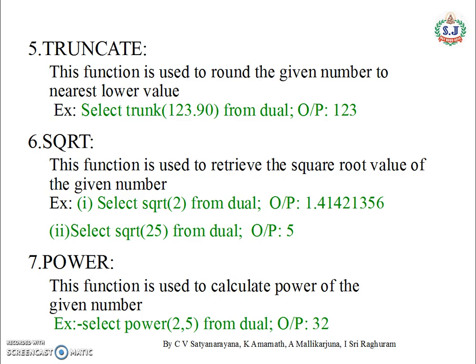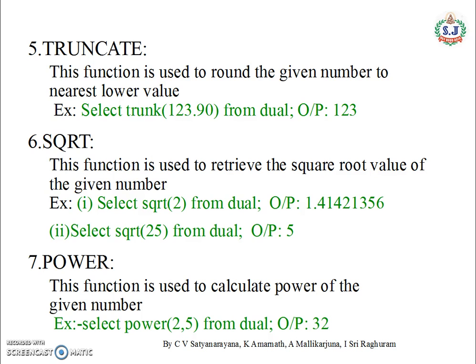So the seventh function is power function. The power function is nothing but a function which returns the power of a particular number. As we see in this example, 2, 5. 2 is the base number, 5 is the superscript. So we have to find out 2 to the power 5 in this example.